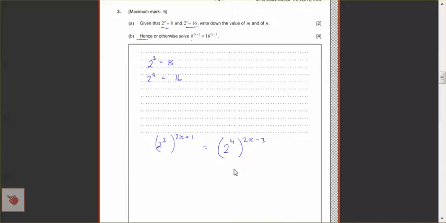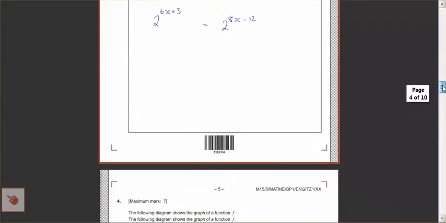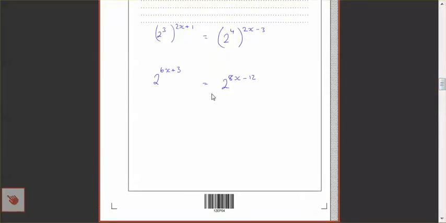And what do you do with powers either side? Multiply them. So I've got 2 to the power of 6x plus 3 equals 2 to the power of 8x minus 12. And when you've got the same base, the powers have to be equal.